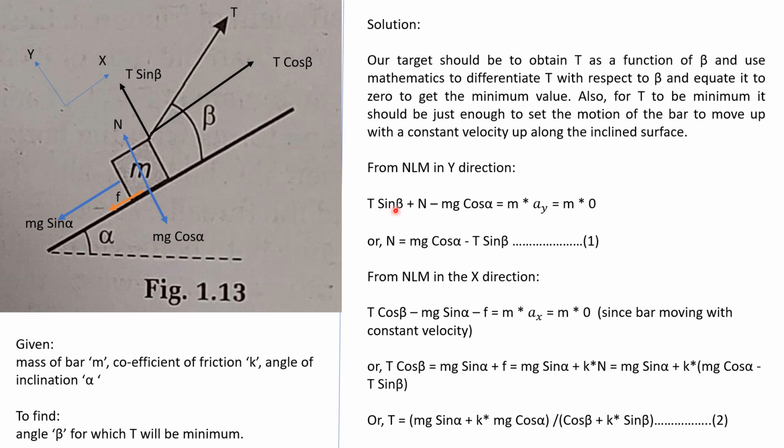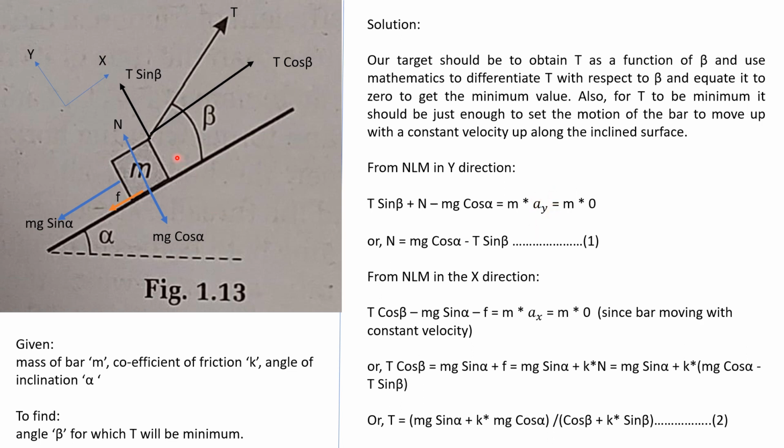Now we will write Newton's law of motion in the y direction, with all the forces in the y direction. T sine beta is in the positive y direction. Normal reaction is also in the positive y direction. So these two are plus. Mg cos alpha is acting in the negative y direction, so minus mg cos alpha, equal to m into acceleration in the y direction.